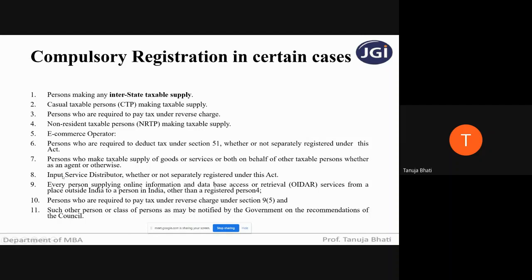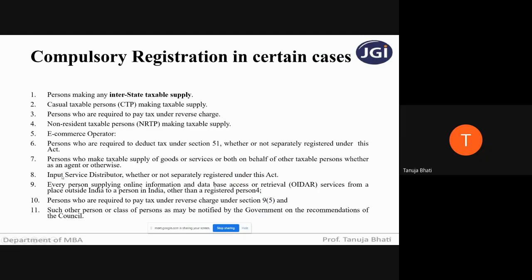I already told you the meaning of input service distributor. It is an office whose main work is to distribute the input credit to different states based on the turnover of the same person having the same PAN.